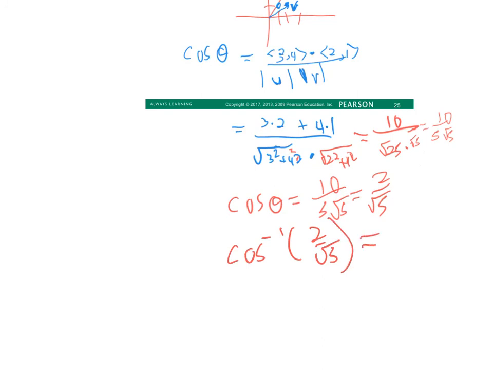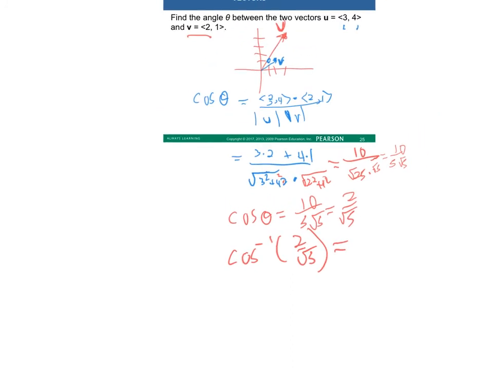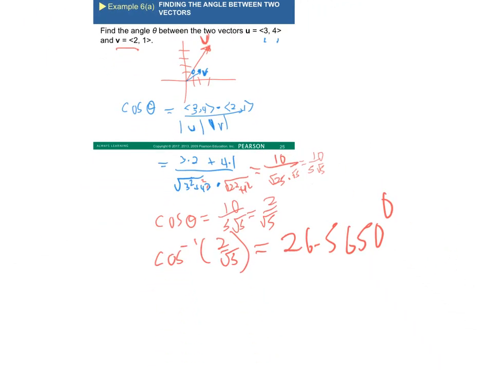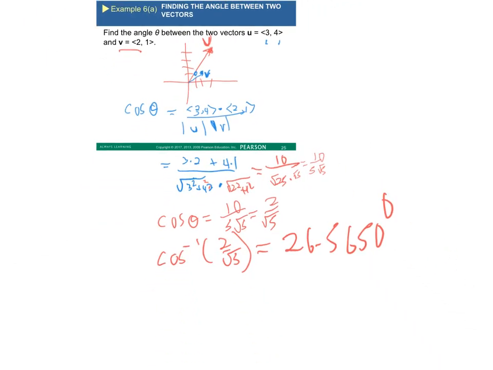And I need a positive angle. So pause it. Let's see what we get with our calculator. 26.5650 degrees. Round that to, I don't know what he's going to use, I'll just take 26.6 degrees.